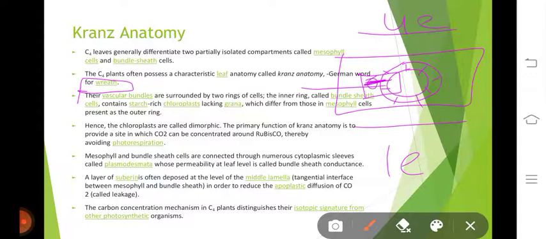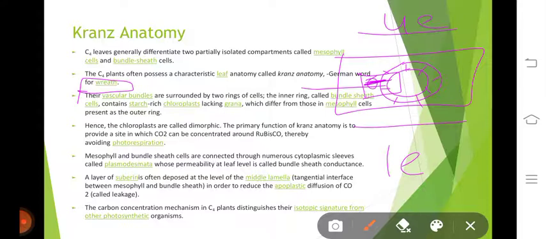Photorespiration should not occur, but carbon fixation must occur in the plants for the synthesis of food called glucose. Hence, to avoid photorespiration, these C4 plants increase the concentration of carbon dioxide and give it to the Rubisco enzyme for conversion of carbon dioxide into glucose. The mesophyll and bundle sheath cells are connected by cytoplasmic strands called plasmodesmata.